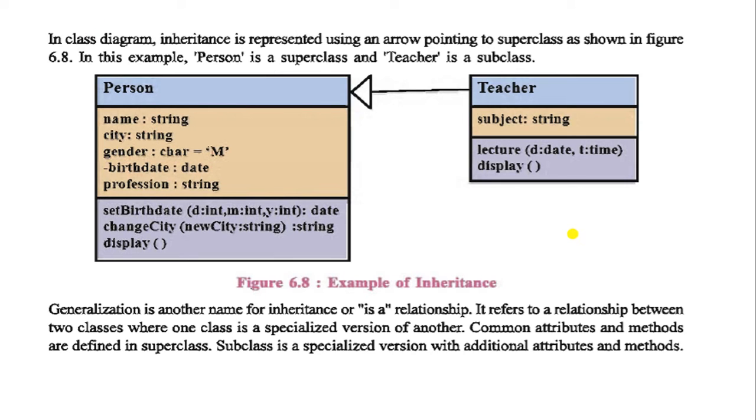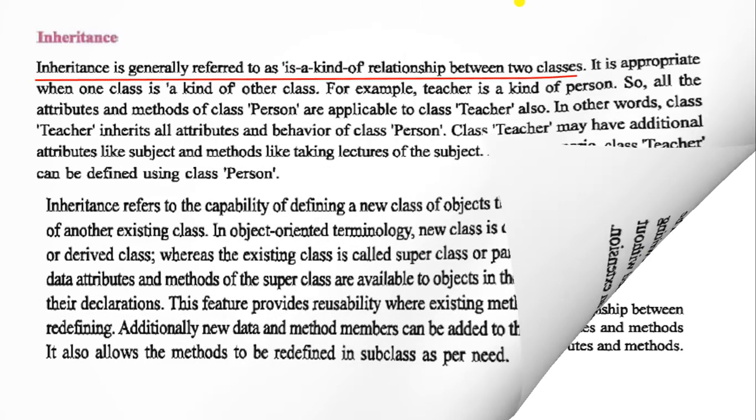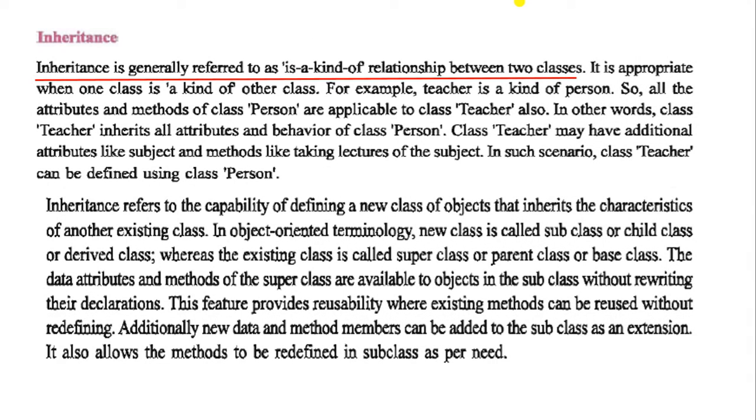In a class diagram, inheritance is represented using an arrow pointing to the superclass. Okay, you can see here, this one is single inheritance. There are two types of inheritance, single inheritance and multiple inheritance. In single inheritance, as we discussed over here, all the attributes and methods of the class person are applicable to the class teacher.